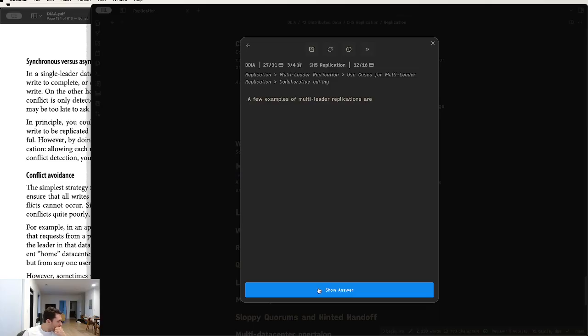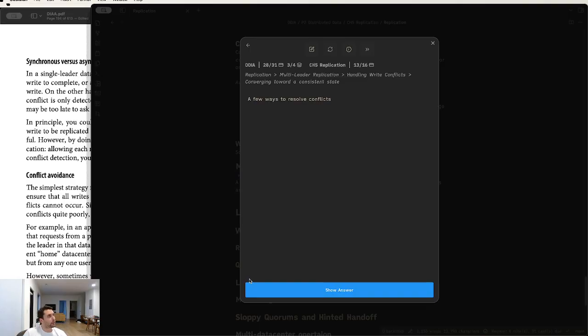Oh, a calendar. Offline application functionality, like a calendar.